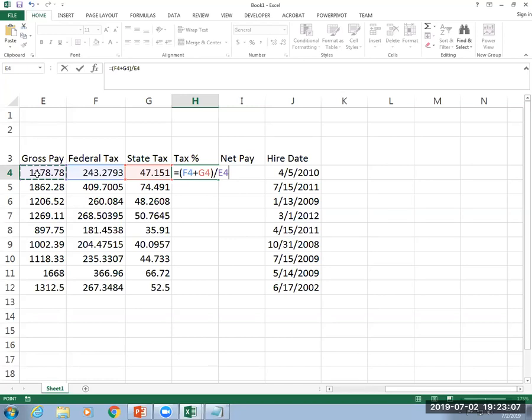In this equation, we're adding F4 and G4 together, and then we're dividing by E4. Without the parentheses, we would be only dividing G4 by E4 and then adding F4, and that's not what we want.